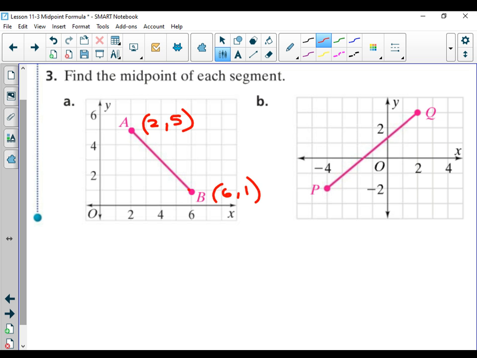Wait, is it x1 minus x2? I mean, plus x2, or is it? Oh wait, doesn't matter. So we're naming one group 1 and one group 2. I'm just picking. There was no reason for me picking number 1, besides it was on top.